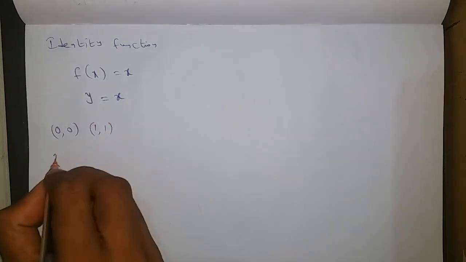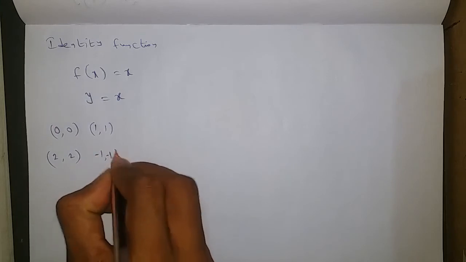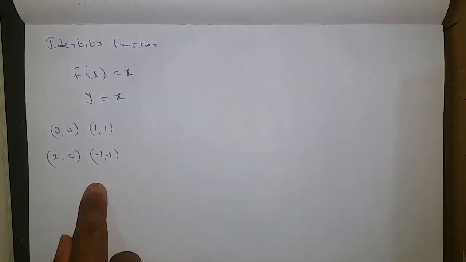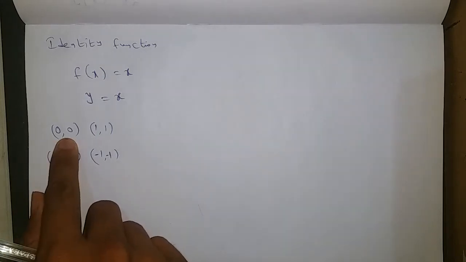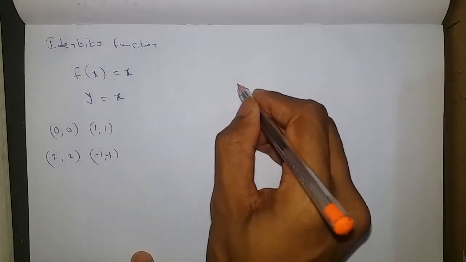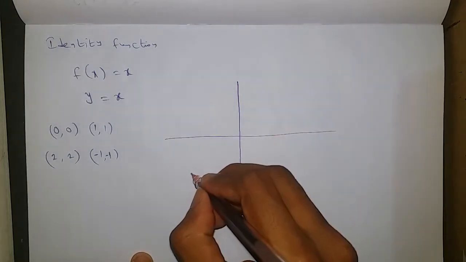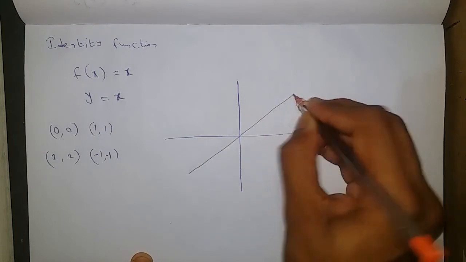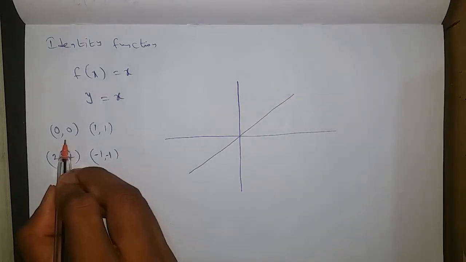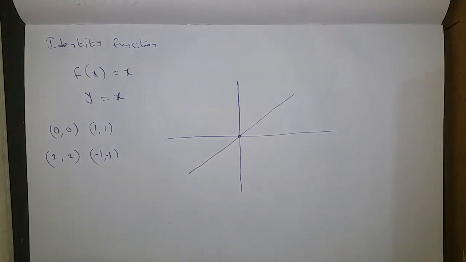If I substitute 2, y value also 2. If I substitute minus 1, y value also minus 1. So this type of function is called identity function, where the two elements in the ordered pair are same. So if we draw the graph for this kind of identity function, it passes through the origin, because 0 comma 0 is there, so 0 comma 0 is nothing but origin.